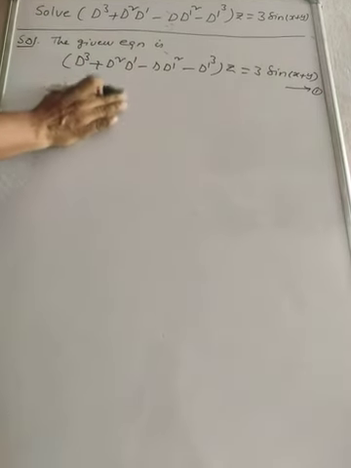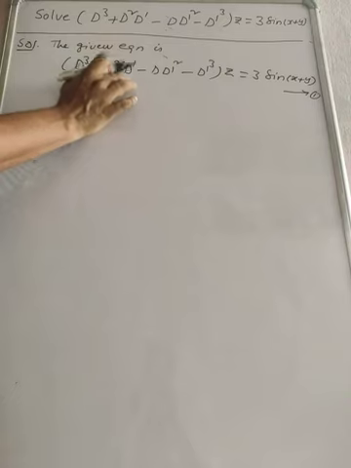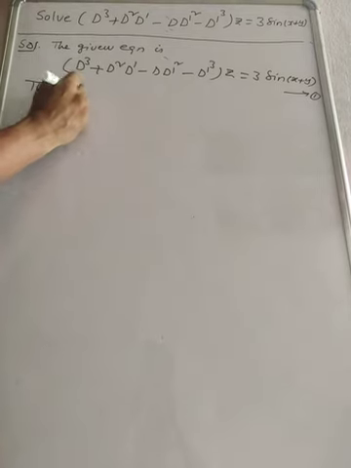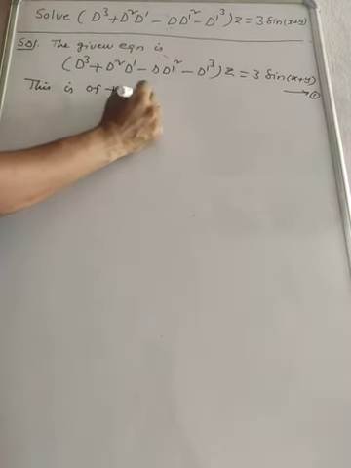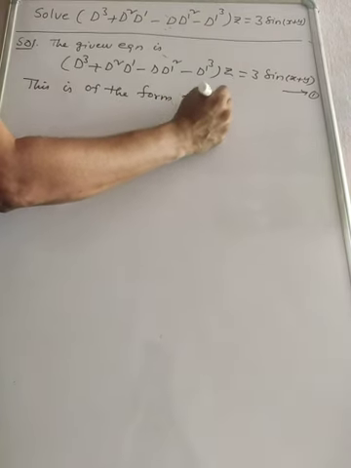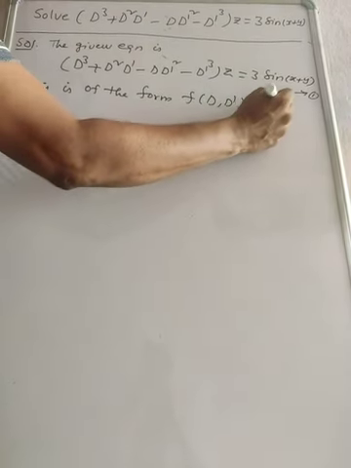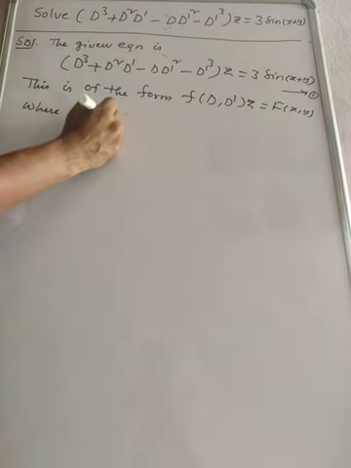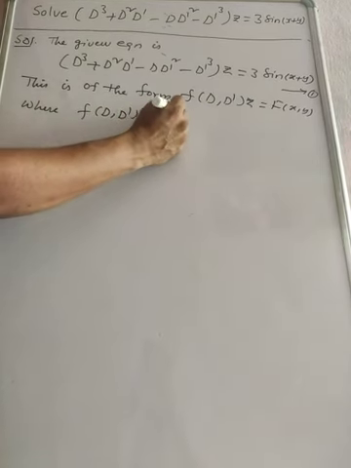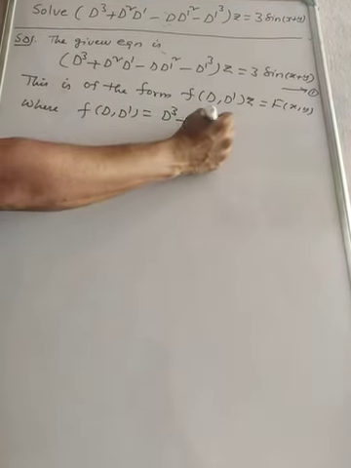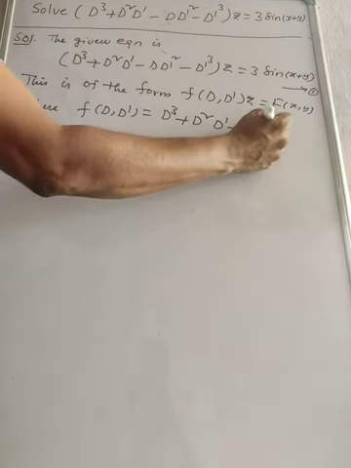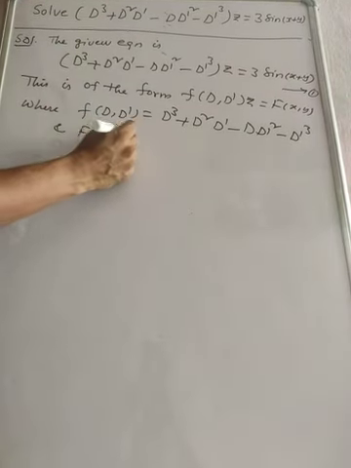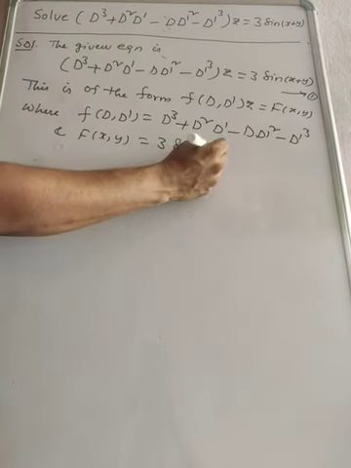Here observe that this is of the form f(D, D')z = F(x, y), where f(D, D') = D³ + D²D' − DD'² − D'³, and F(x, y) = 3 sin(x + y).